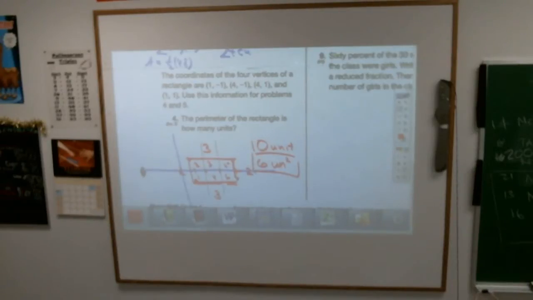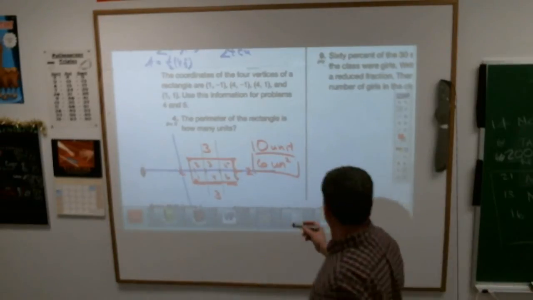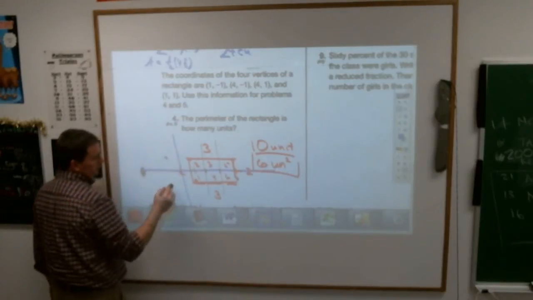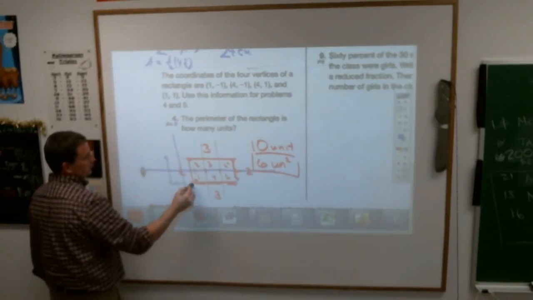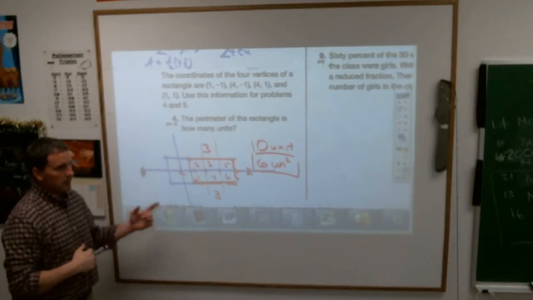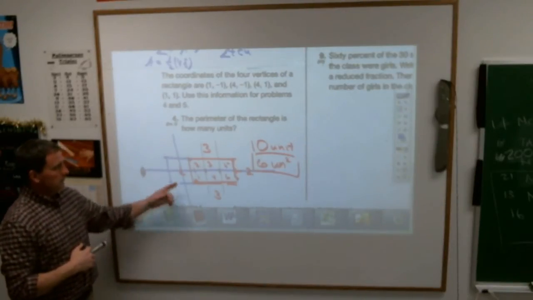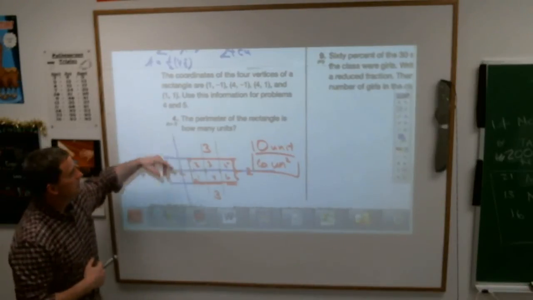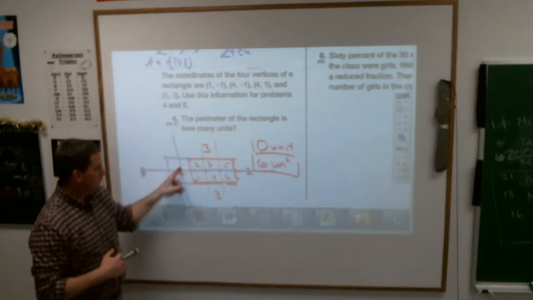This is -1, 1. You have them all backwards, I believe. There is no -1, 1. Your rectangle was a lot bigger than mine. You did -1, 1 and -1, -1, and it's 1, -1, which means this side.